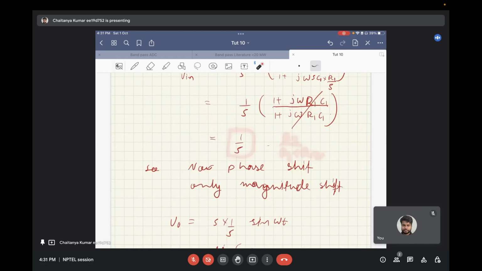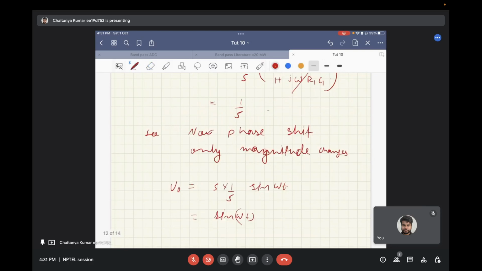There is no phase shift. There is only some magnitude drop; only the magnitude changes. So the final output you get as 5 into 1 by 5. So there won't be any transient in this particular case.